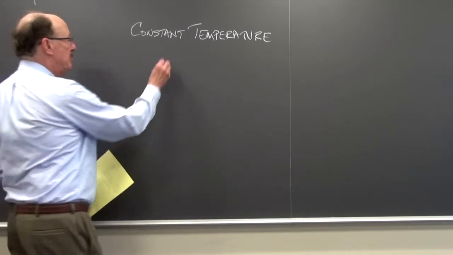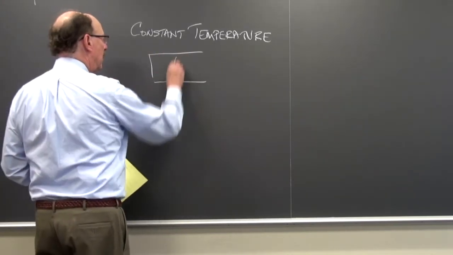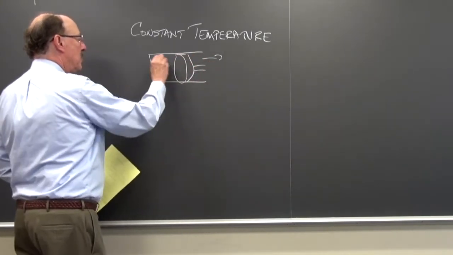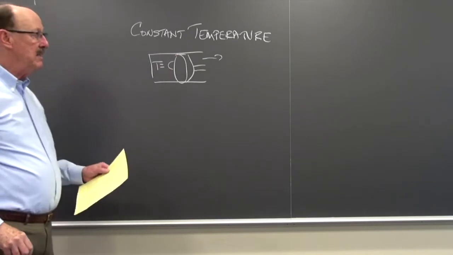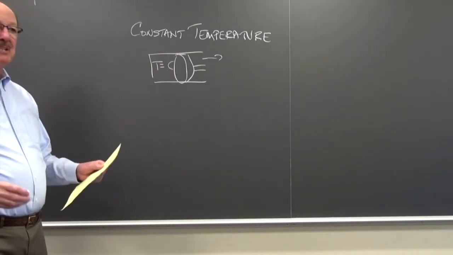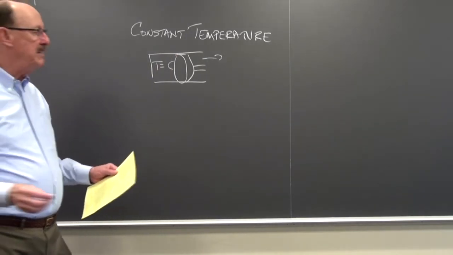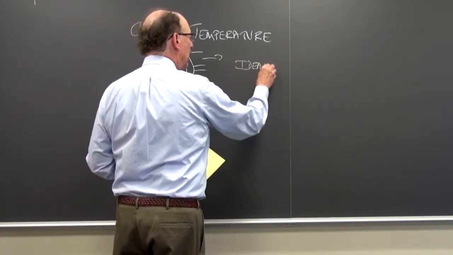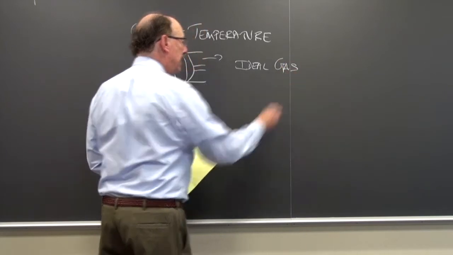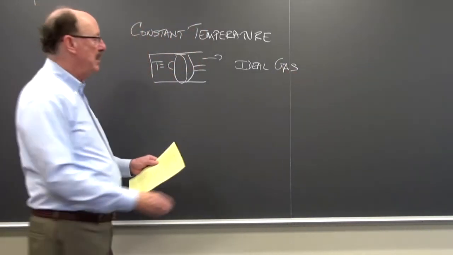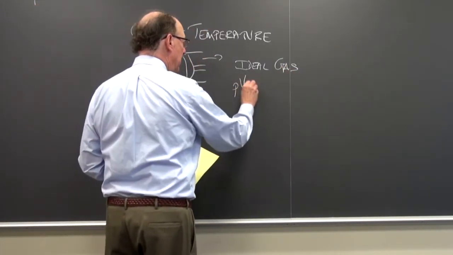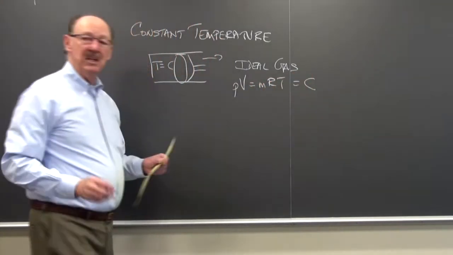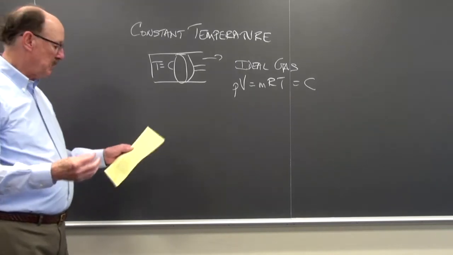And let's consider a piston cylinder. We'll have it expand, and we know that the temperature is going to remain constant. What we're interested in is applying this to an ideal gas. If I look at an ideal gas, we know that PV equals MRT, and that's going to be equal to a constant because the temperature is constant.